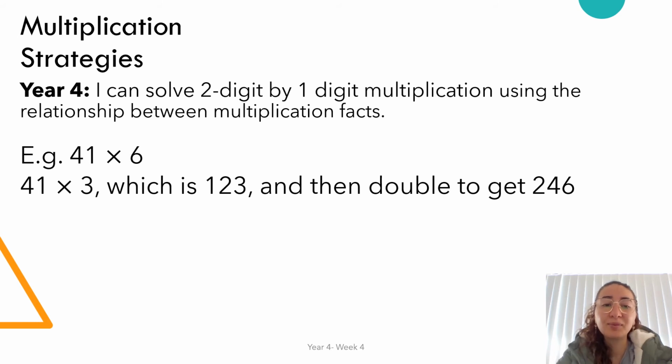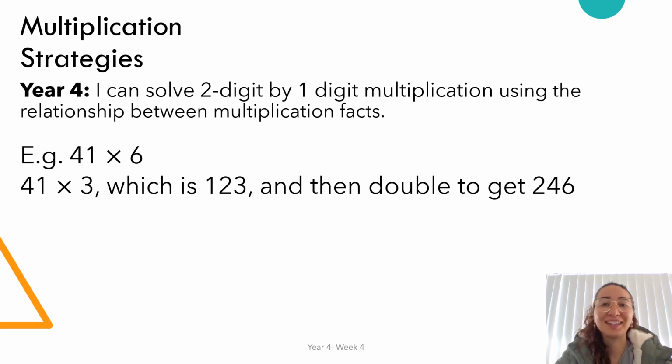Then, because we know that 6 is actually double 3, all we're going to do now is double 123, or multiply it by 2. So we're breaking it down into 2 easier parts. So double 123 is 246. When we break these questions down and know those facts and those relationships in multiplication, things get a little bit easier.